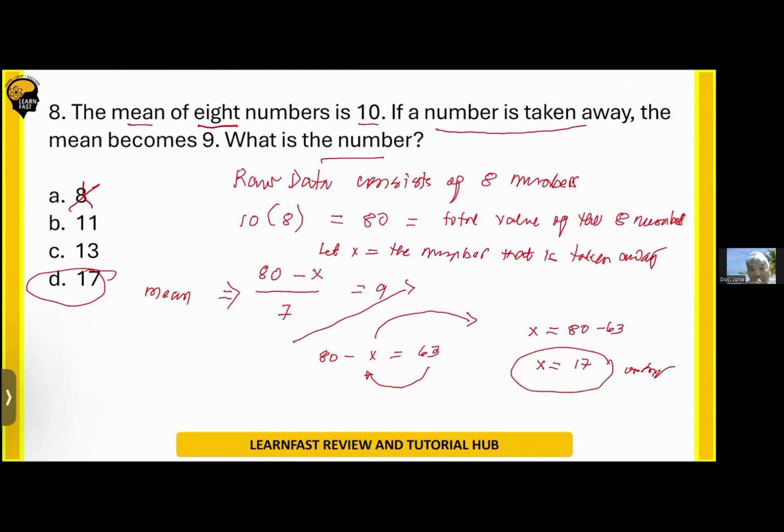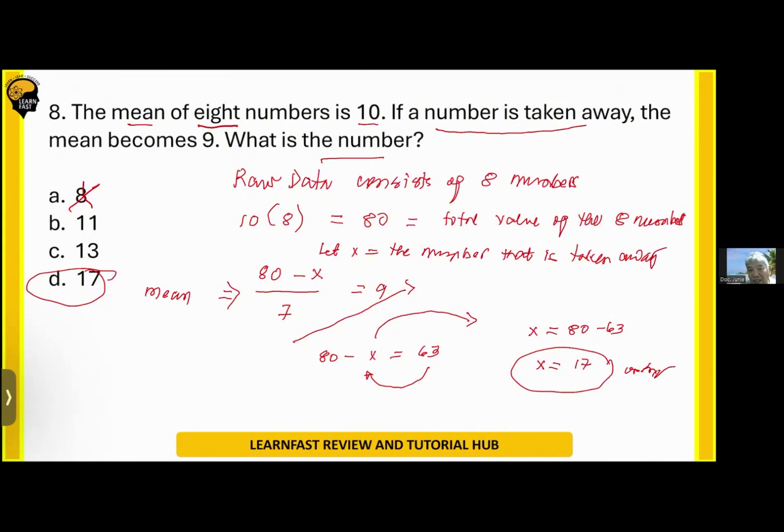Because the number that you took out from the 8 sets of numbers is considered big, okay? Because the mean becomes 9 and the previous mean is 10. So that means you have removed, okay, a large number from the 8 numbers.